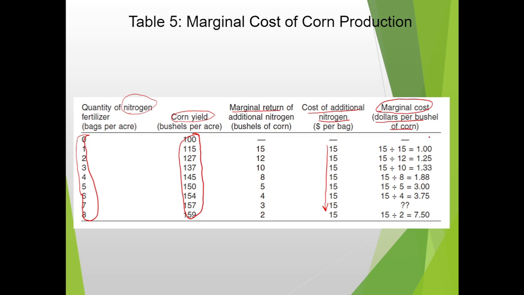So this is the value we get. This is the marginal cost. And how have we calculated the marginal cost? We have simply taken the cost of additional nitrogen and divided it by the marginal return of additional nitrogen. This is the way you calculate marginal cost.